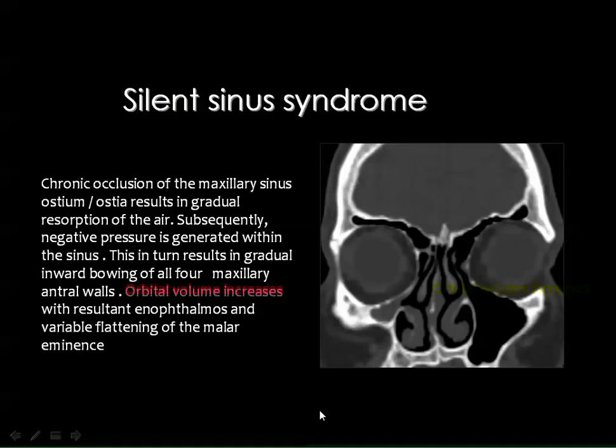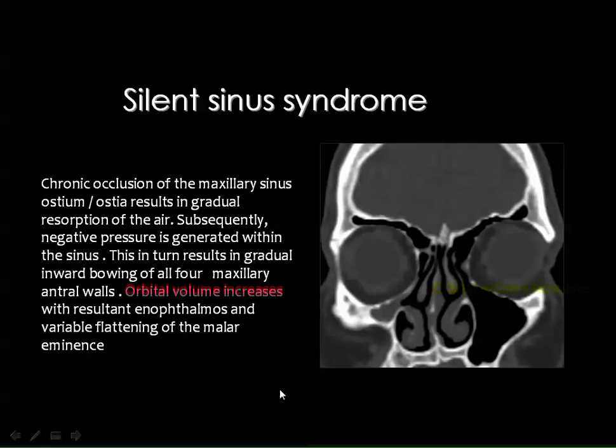Then this disease is known as silent sinus syndrome, which is the sequela of chronic occlusion of the maxillary sinus ostium, which will result in gradual resorption of air and subsequently negative pressure within the sinus.